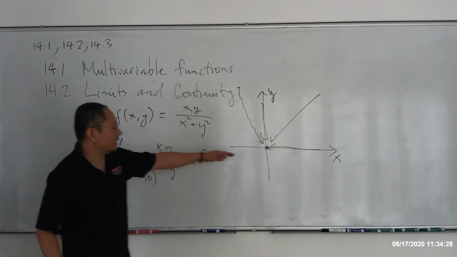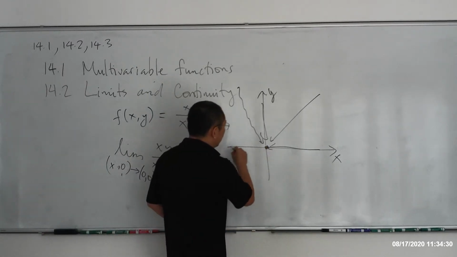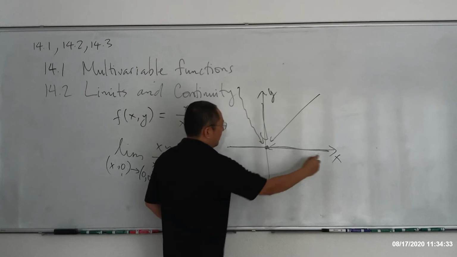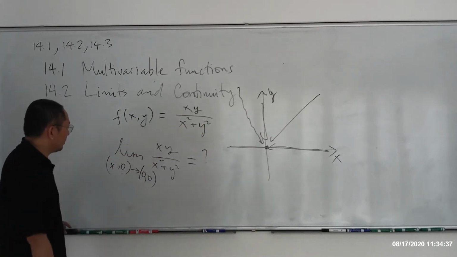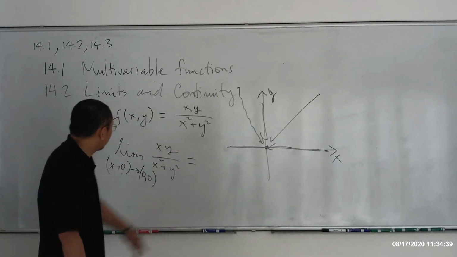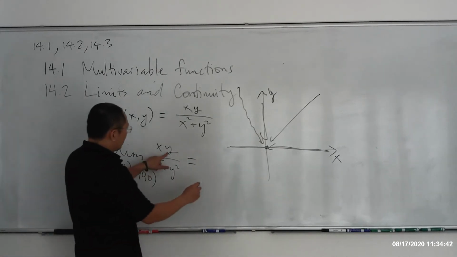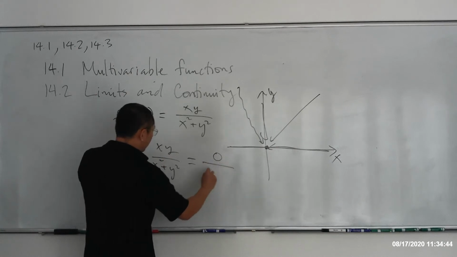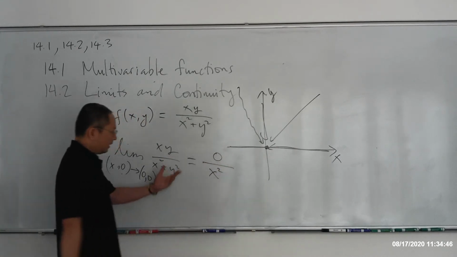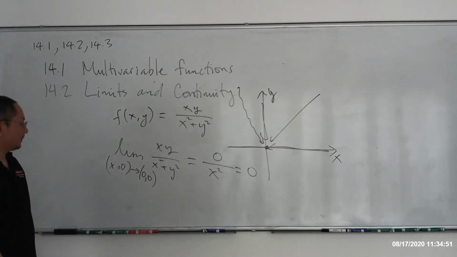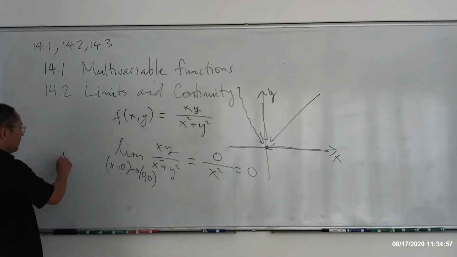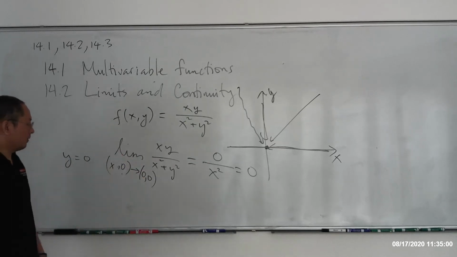I fix y always equal to 0, and x changes. This is the line that I have, and x approaches 0. Okay? So what happens here if I plug in y equal to 0? Y equal to 0, and x changing, right? So the top is 0. The bottom is x squared, right? And the top is 0 all the time, so this is 0. So far, so good. So with y equal to 0, I have the limit equal to 0.